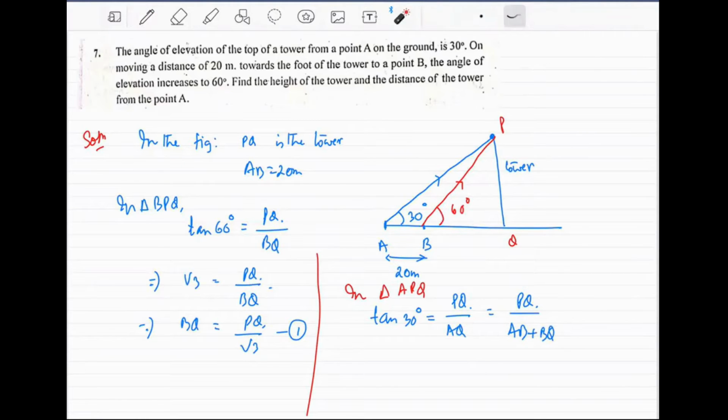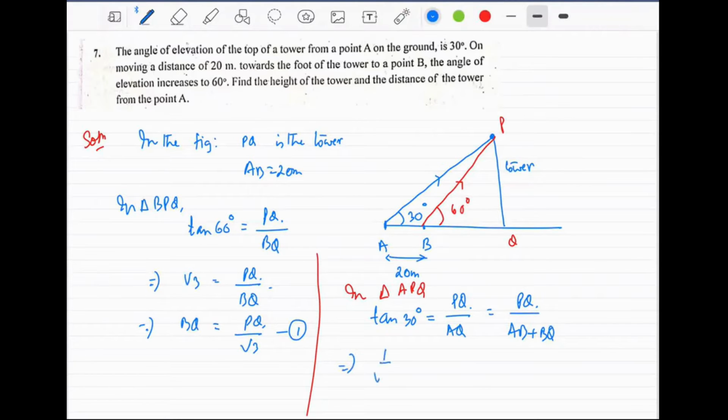Now, whatever value that you know, you can put it. Tan 30, you know that this is 1 by root 3. PQ, we don't know, don't put it there. AB, this is 20 meter. AB is 20 meter according to the question. BQ, we have already calculated from equation 1. You can put PQ by root 3. So you put the values.